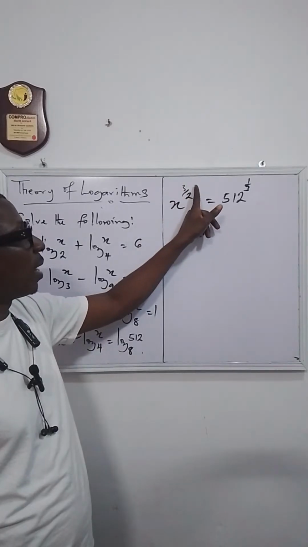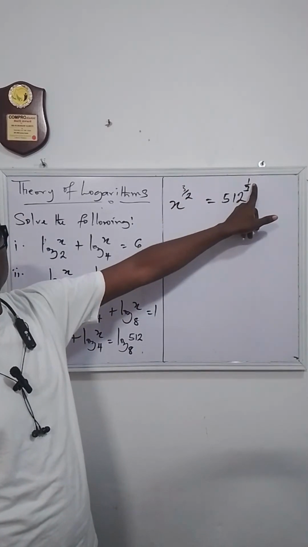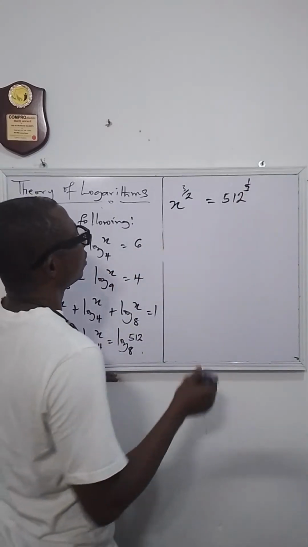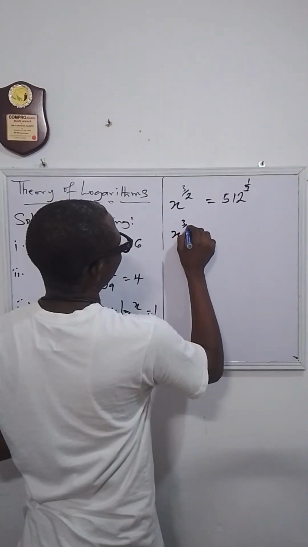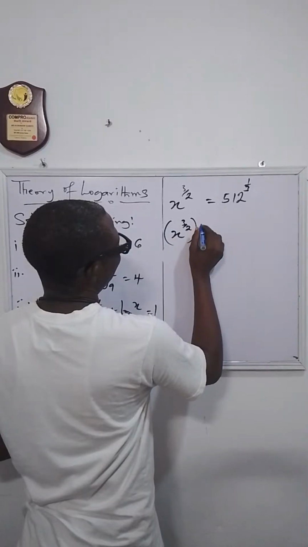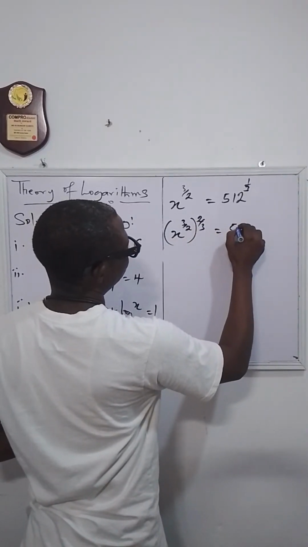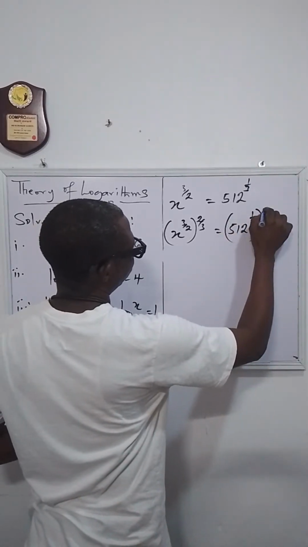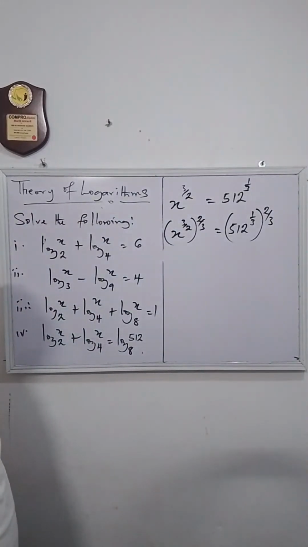That means I will multiply this power by 2 over 3, and this by 2 over 3. So we have x raised to the power of 3 over 2 times 2 over 3 equals 512 raised to the power of 1 over 3 raised to the power of 2 over 3. I hope you understand that.